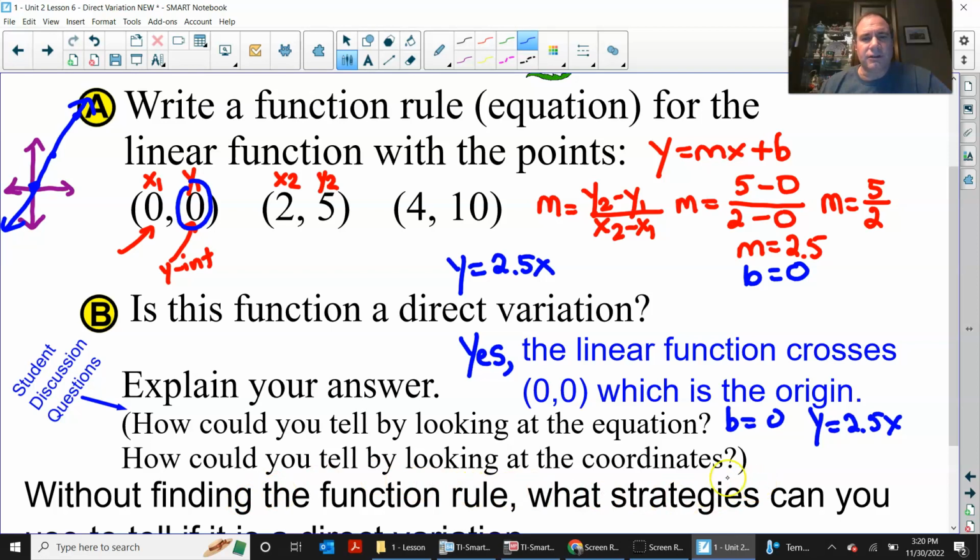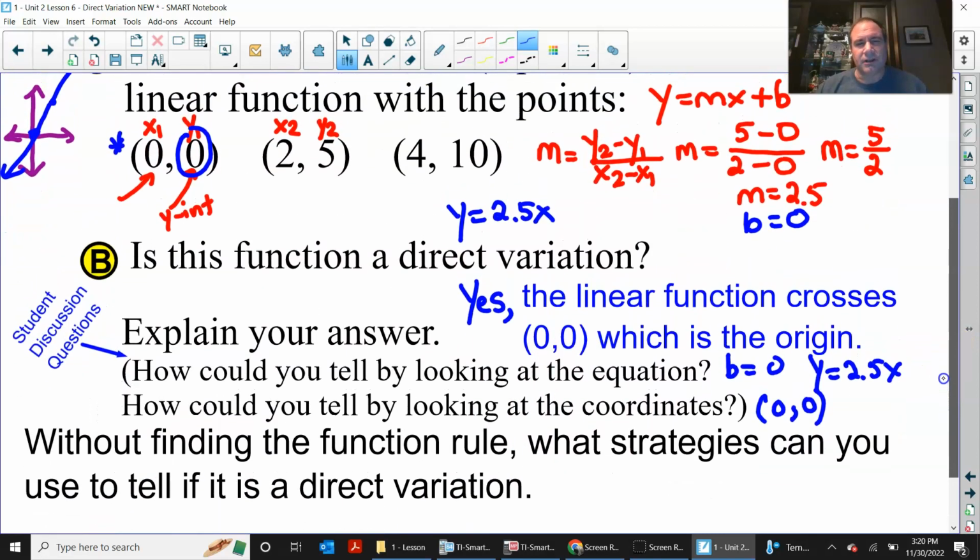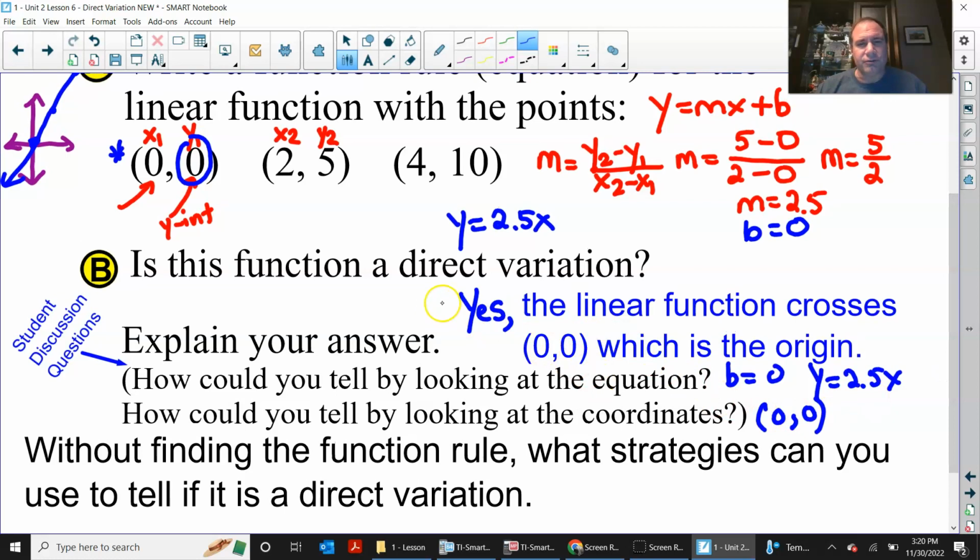How could you tell looking at the coordinates? Well, the coordinates have 0, 0. If you know it crosses at 0, 0 and it's linear, that means it's a direct variation. Without finding the function rule, which strategies can you use to tell this is a direct variation? We just use 2. So this would be the first strategy, and then this would be the second strategy.